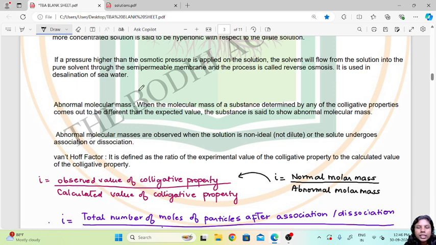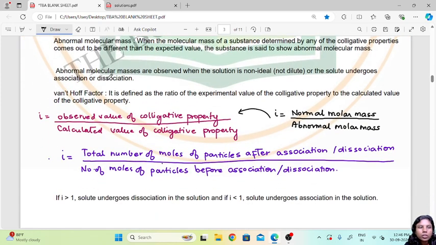Now what they are saying is that if we apply an external pressure that is higher than the osmotic pressure that is present in the solution, in that case the solvent will flow in the reverse direction, that is it will go from the solution into the pure solvent through the same semi-permeable membrane. So when this process of osmosis is reversed, it is known as reverse osmosis, and this is used in the desalination of sea water.